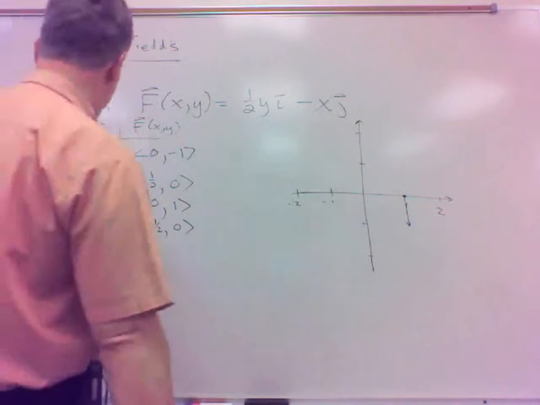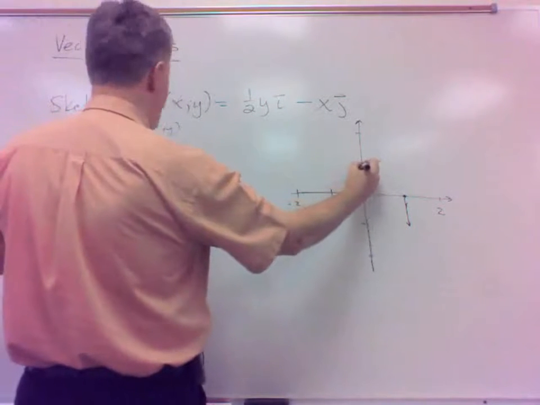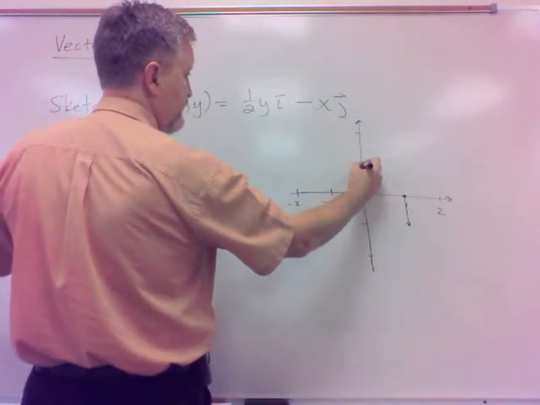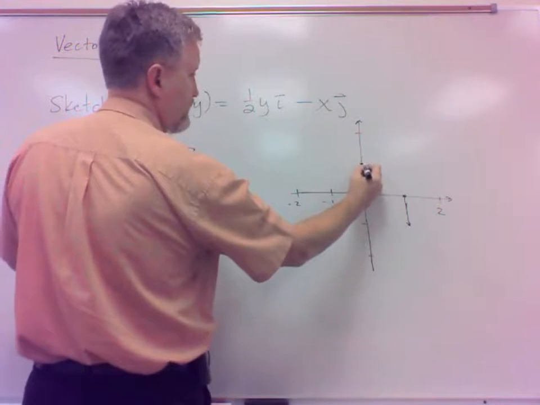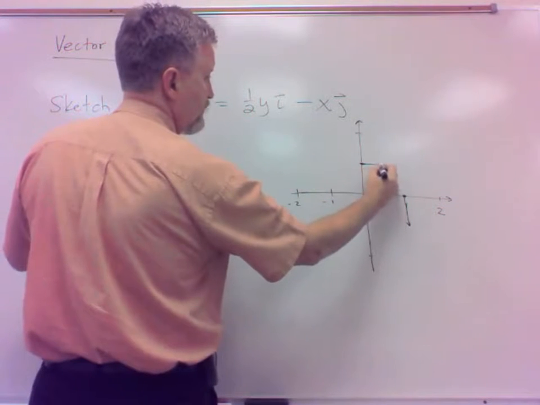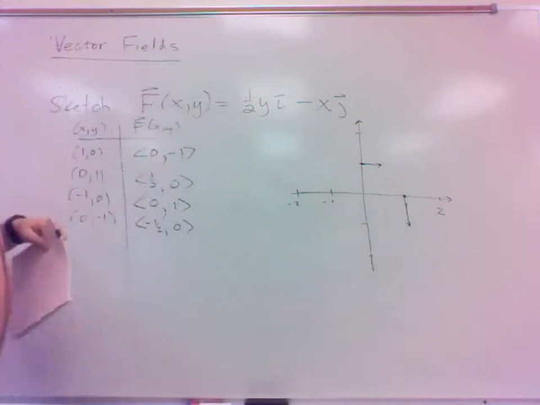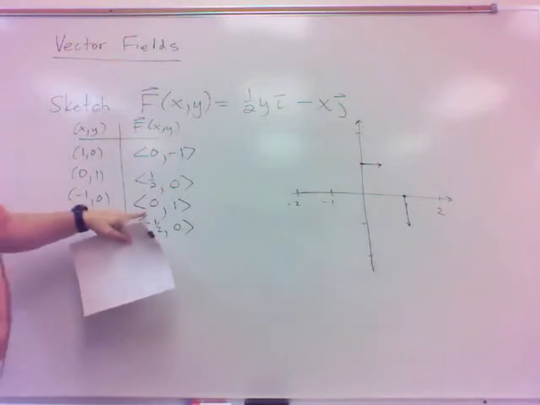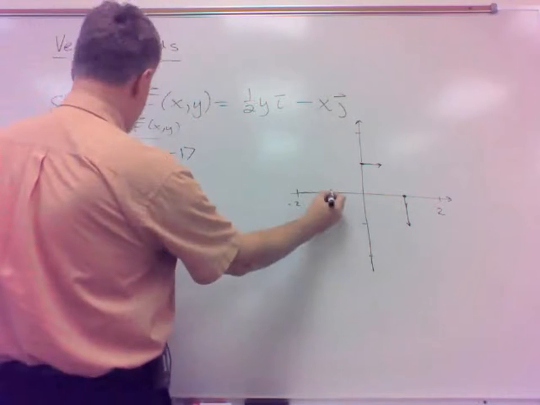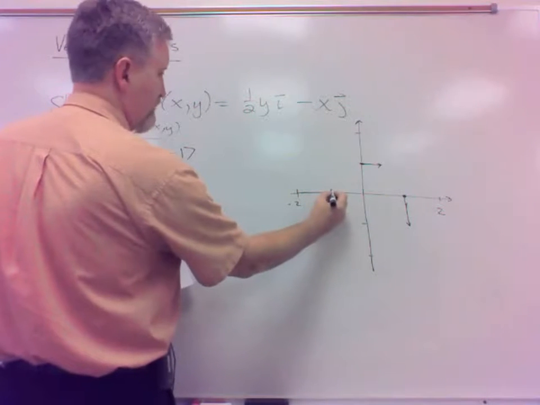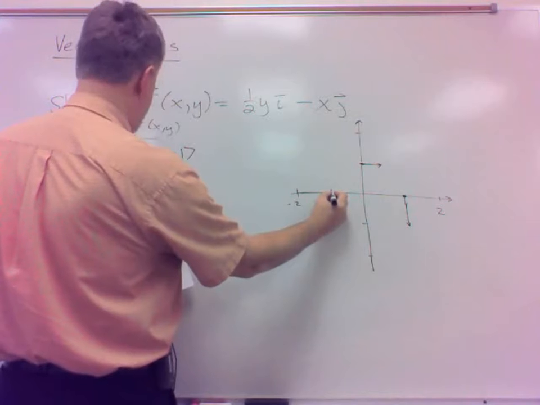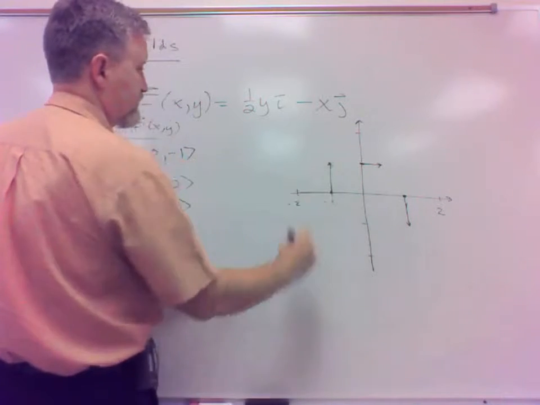So if we draw those in, at 0, 1 we are at 1/2, 0, and so that vector would be that. At negative 1, 0, we're doing the 0, 1 vector, so that would be like this.